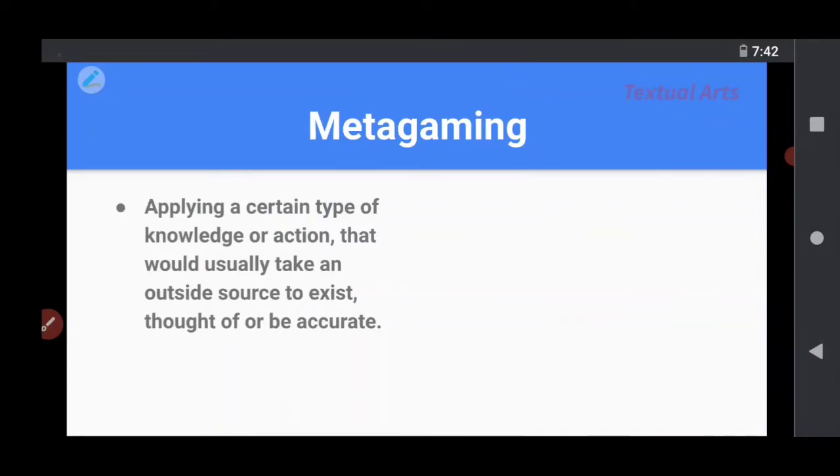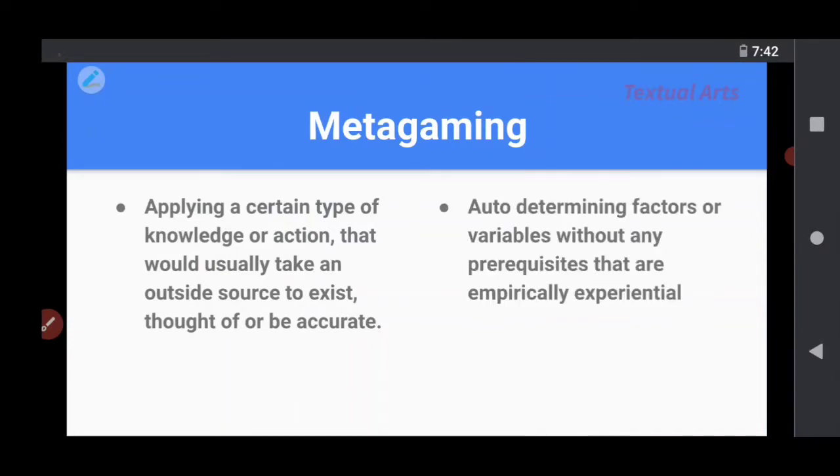I'm going to give some examples later on. Another definition is auto-determining factors or variables without any prerequisites that are empirically experiential. That is, gaining information or determining factors and variables that aren't apparent without any prerequisites being shown or existing in the fight.